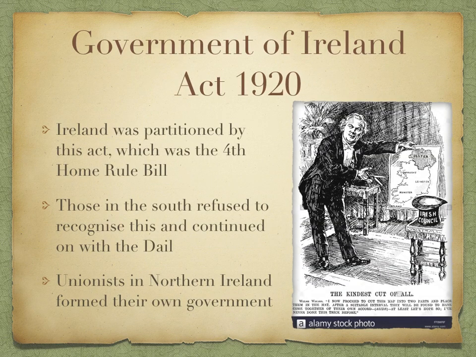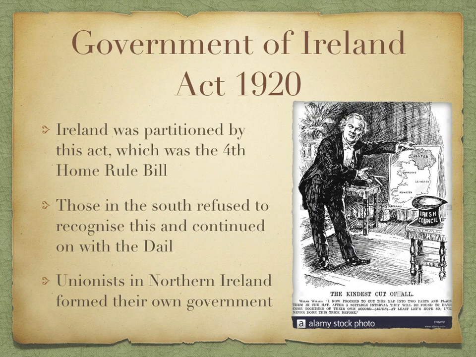So just to refresh your memory, the Government of Ireland Act was passed in 1920. This partitioned Ireland into the 26 counties and the 6 counties of Northern Ireland, which were Antrim, Armagh, Tyrone, Fermanagh, Down and Derry.